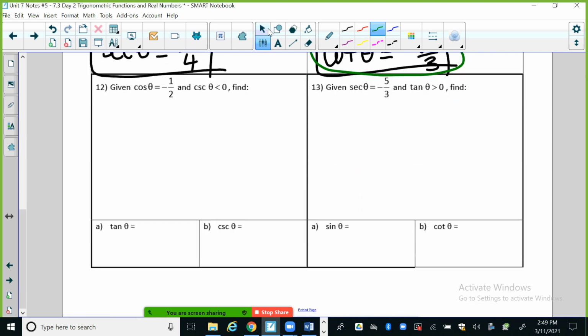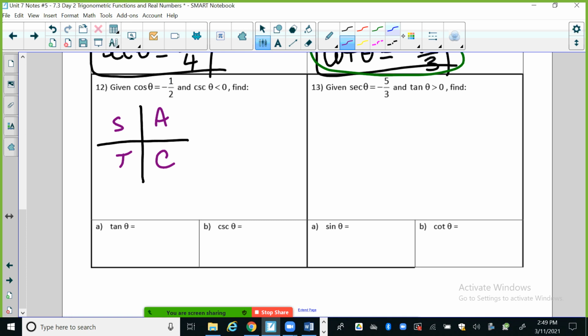All right, number 12 and 13 are very similar, but just a little bit different in terms of information given. So for example number 12, we're given that the cosine of theta equals negative 1/2. Here's the problem though. I know all students take calculus.